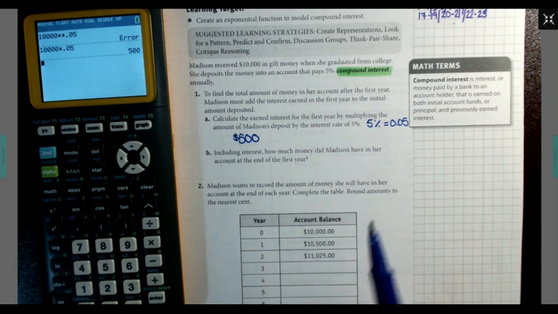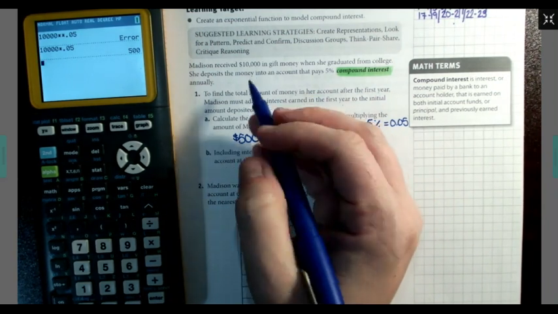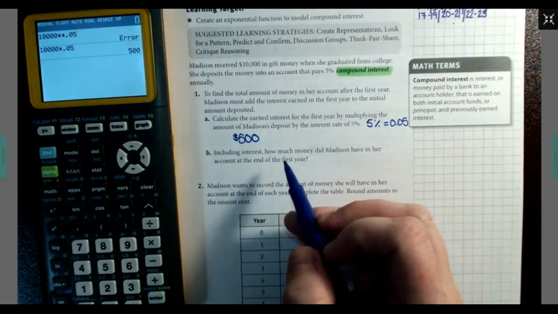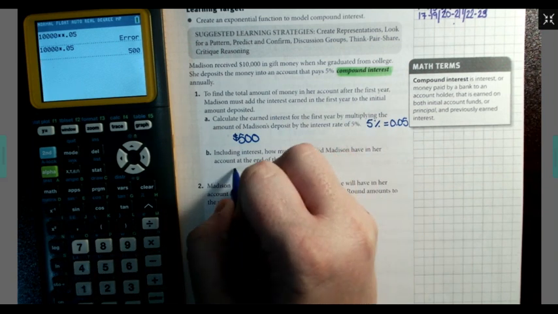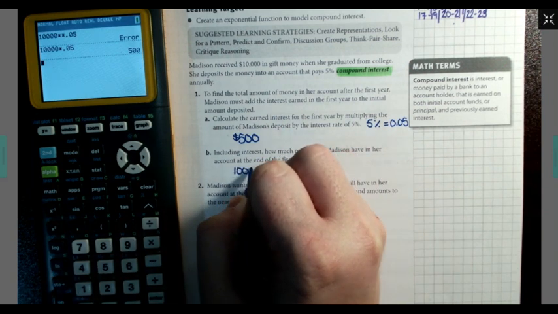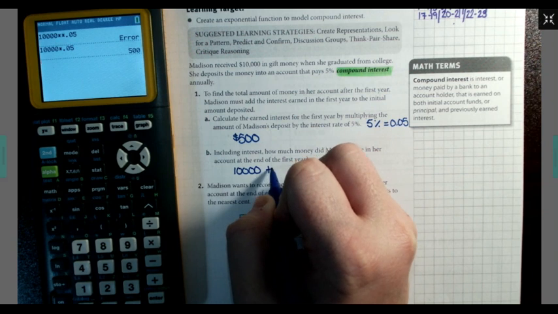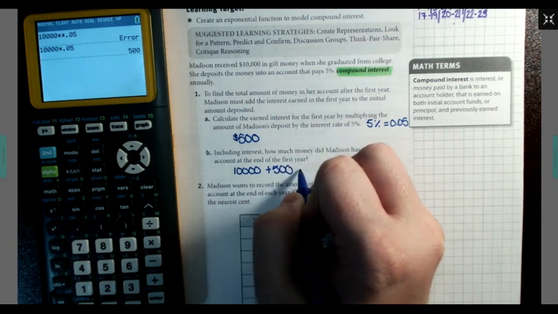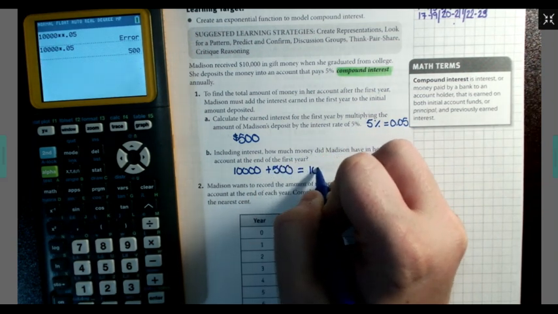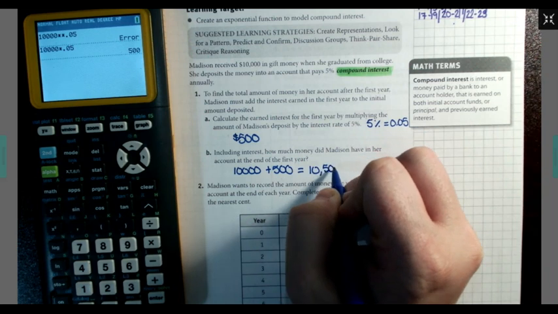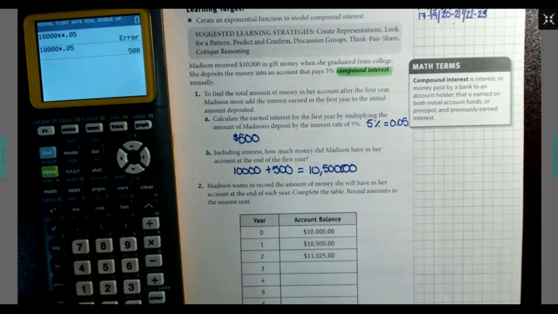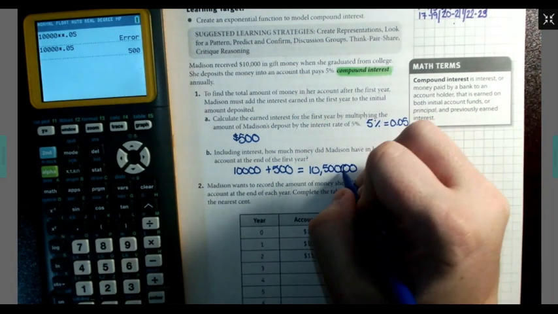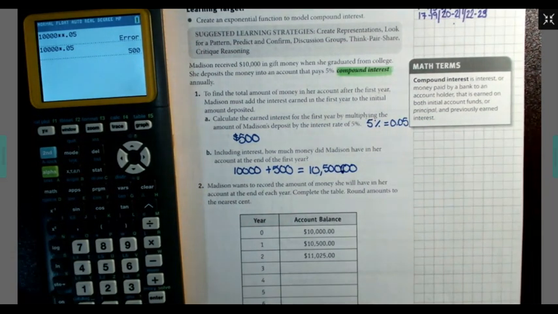Recall, she already had $10,000 in the account, and she just gained interest of $500. So she has $10,000 plus the $500 interest, so she now has $10,500 in her account. Sorry, I meant to put a decimal here to represent my change.